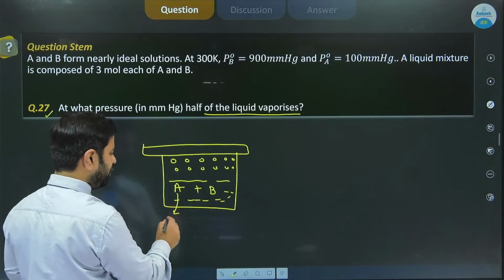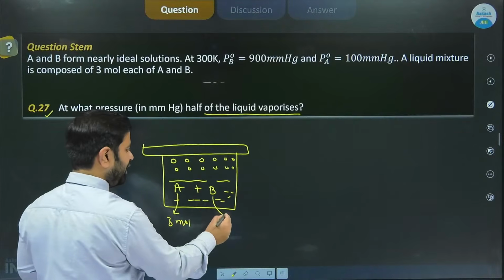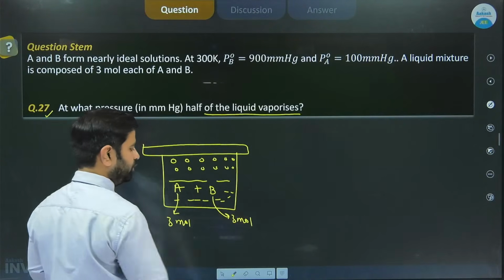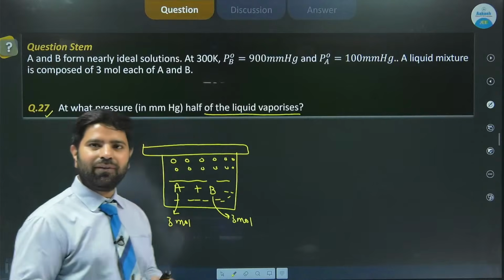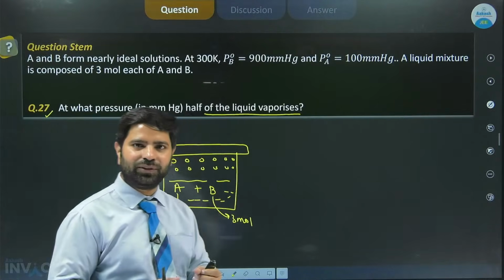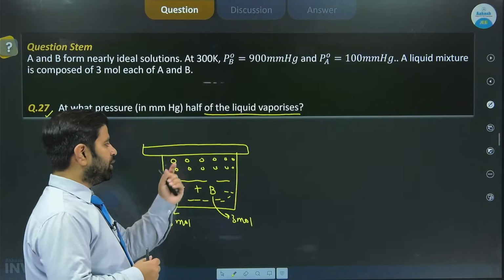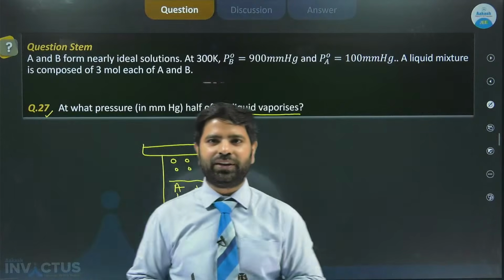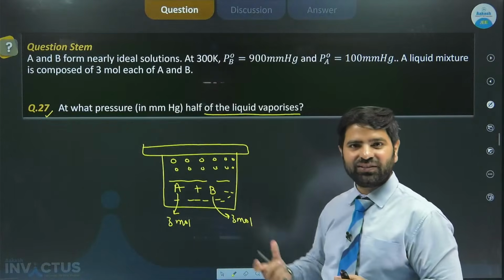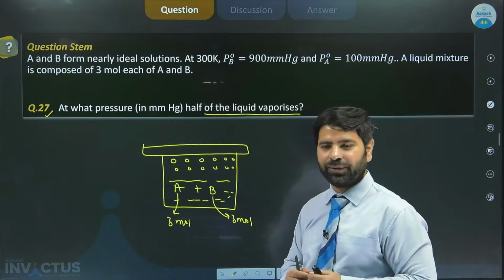We have 3 moles of this and 3 moles of this. Half of the mixture has been vaporized. That means in the vapor form, the sum of the moles of A and B would be equal to 3.